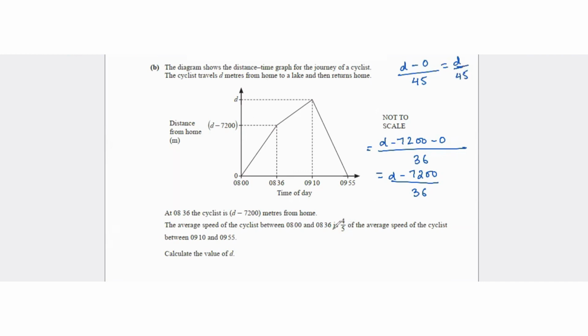Now the average speed of the cyclist between 8 and 8:36 is 4/5 of this. That means d minus 7200 over 36 is 4/5 of d over 45. So I'm going to solve that over here. So that's going to be d minus 7200 over 36 equals 4d over 5 times 45, which is 225.